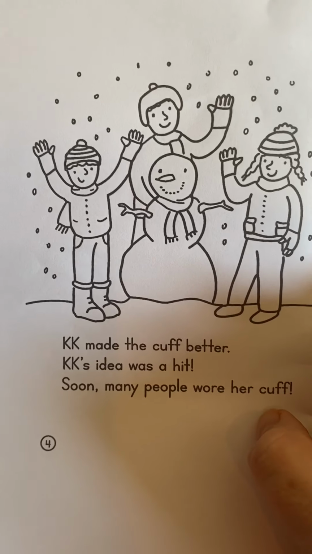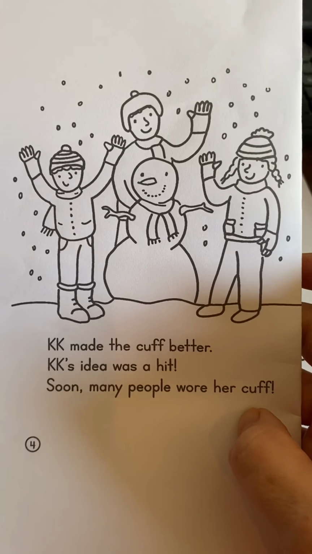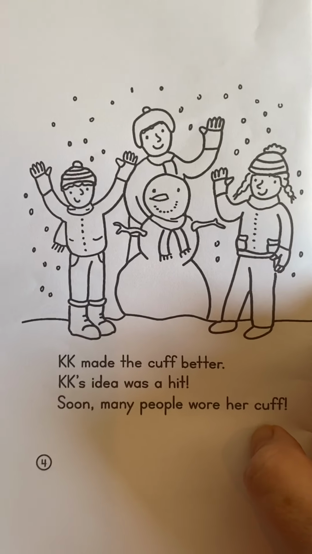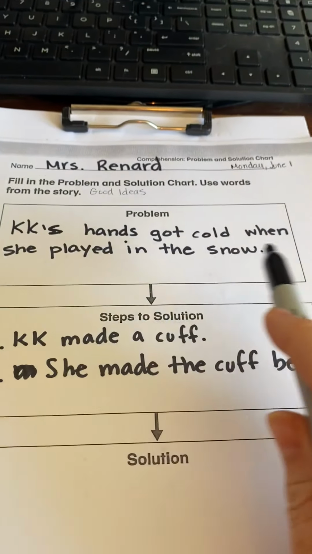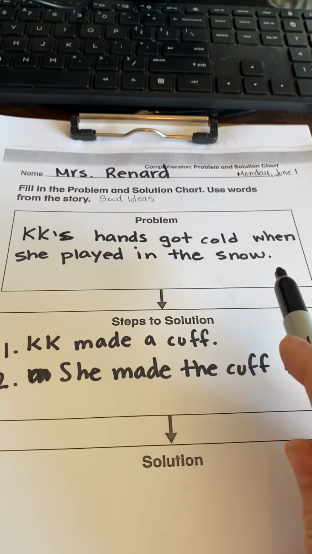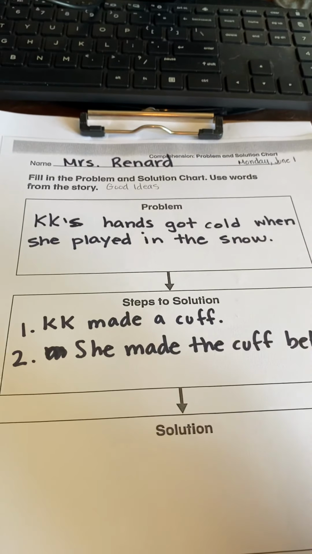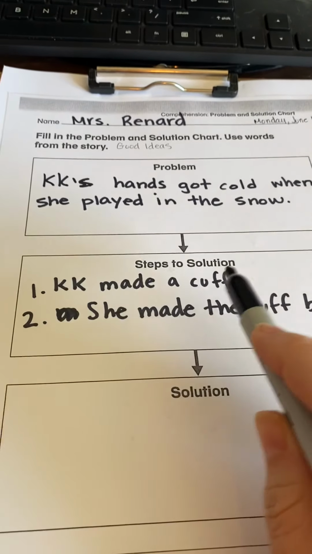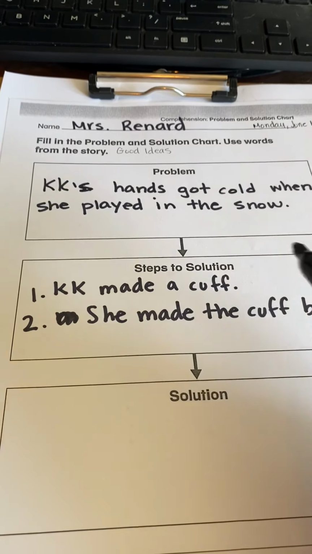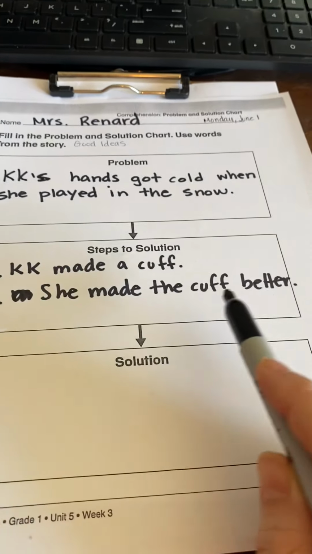KK's idea was a hit. Oh, good. So the second one worked. Soon, many people wore her cuff. So let's see. Her problem was her hands got cold when she played in the snow. So the steps to the solution were she made a cuff, then that didn't work really well, so then she had to make the cuff better.